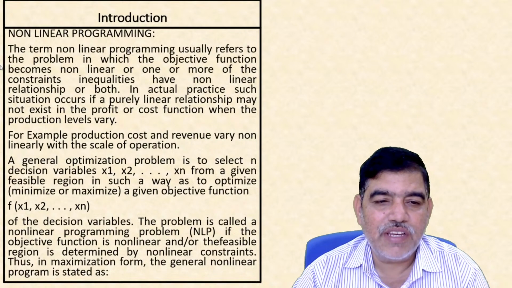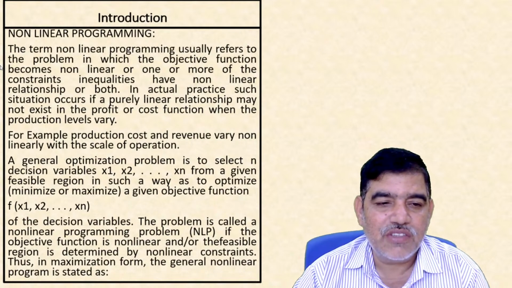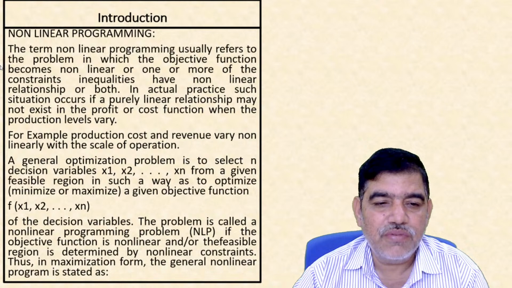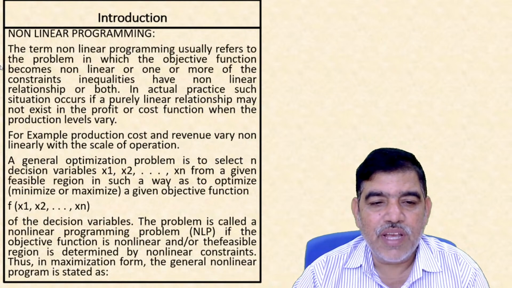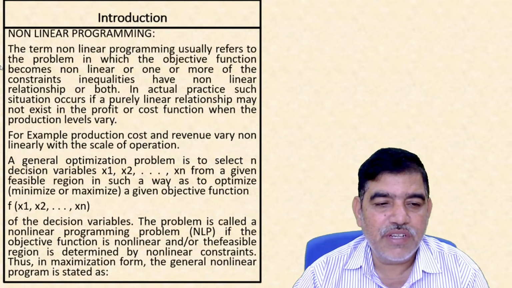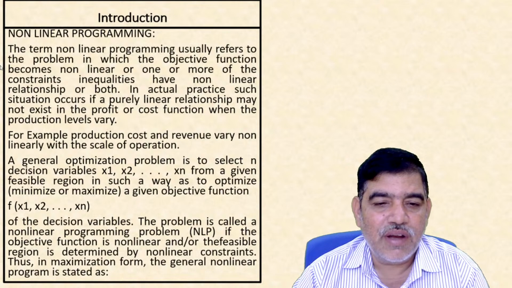The general optimization problem is to select n decision variables, that is x1, x2, x3 in this way up to xn, from a given feasible region in such a way as to optimize. Optimize means what? Minimization or maximization.